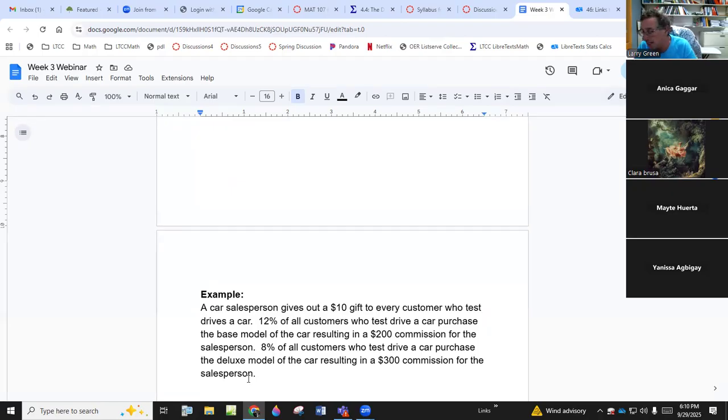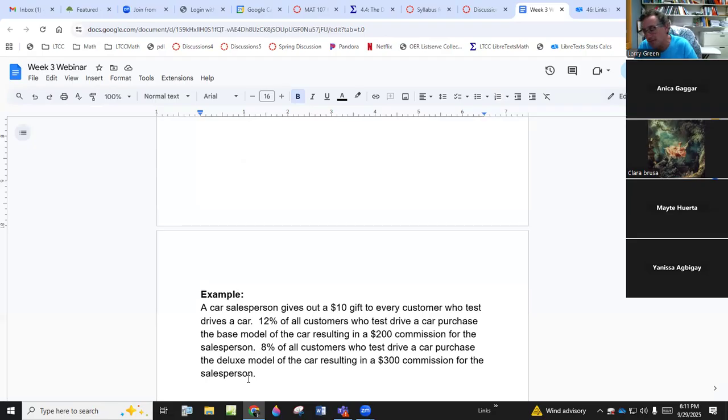And that's typical, by the way, because what you want is for people to come and test drive the car. If you don't give a gift, you probably won't have very many people come. It gets people to come. Does that make sense? So it's really important to understand that kind of thing.